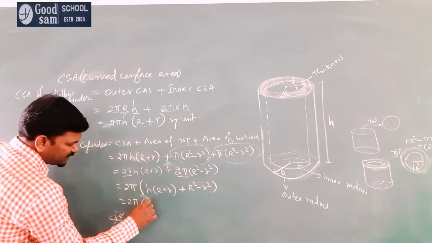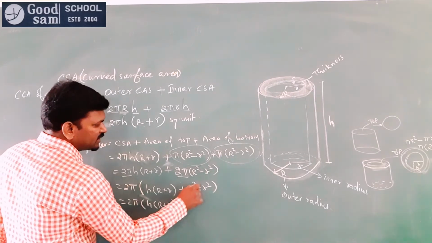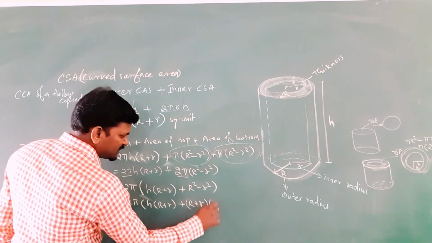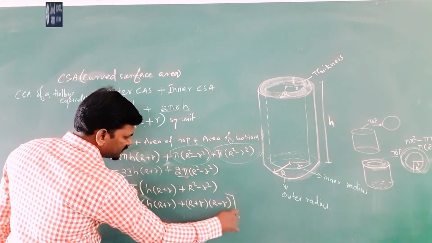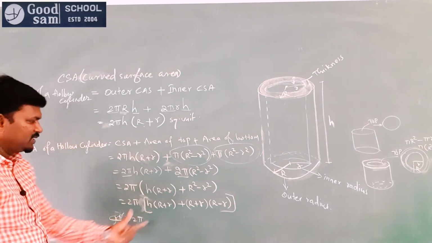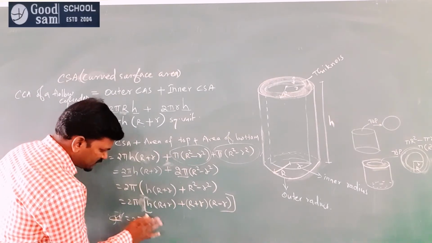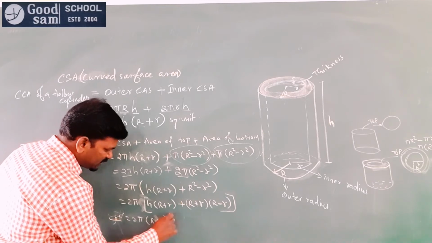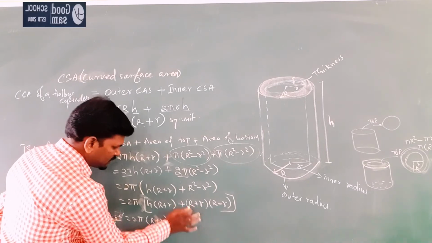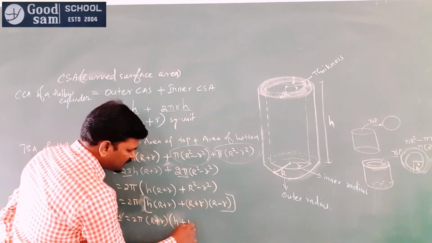R square minus r square can be written as (R plus r) into (R minus r), since a square minus b square is (a plus b) into (a minus b). So 2 pi, in both terms R plus r is common, R plus r into h plus R minus r.